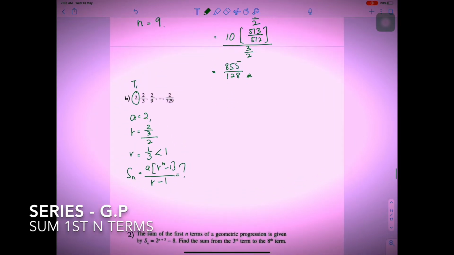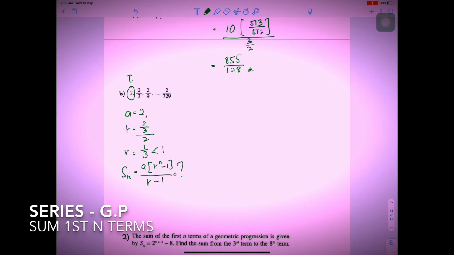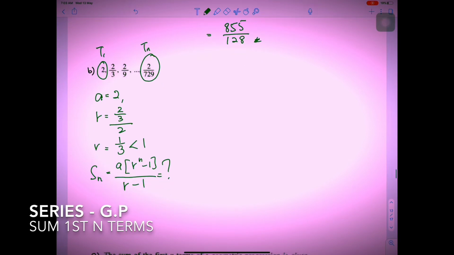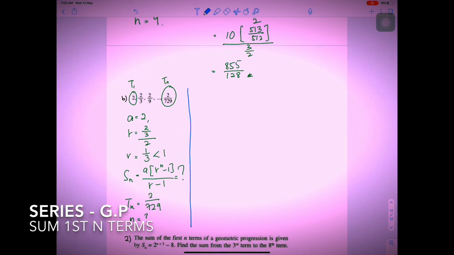We do not follow the rule, but just want to see what happens if we use the first formula. Then 2 over 729, this is Tn. That means Tn equals 2 over 729. So what is the value of n? We must determine the value of n first before we can find the sum Sn.